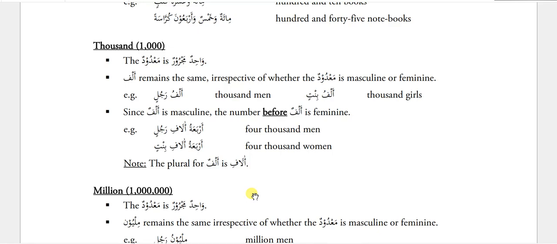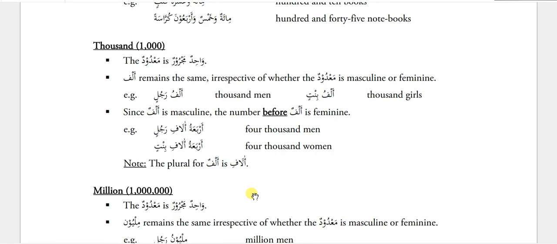So if the madud is muzakkar, the adad will be muannas. For example, if we want to say 4000 men, the madud is muzakkar, so we have to use the muannas gender. So arba'atu alafin. Actually, let me give you another advice, because this rule is not actually fixed. There are some other rules also.